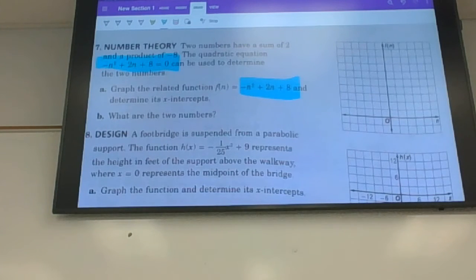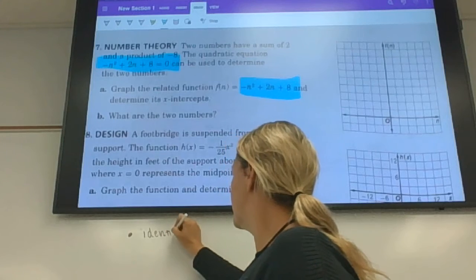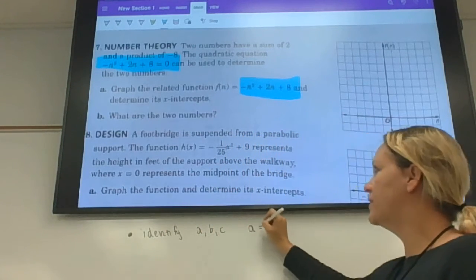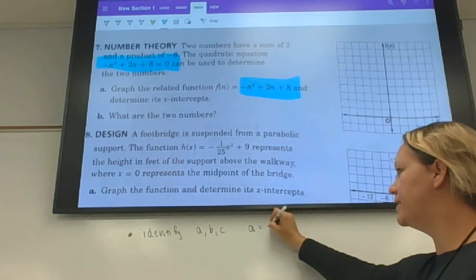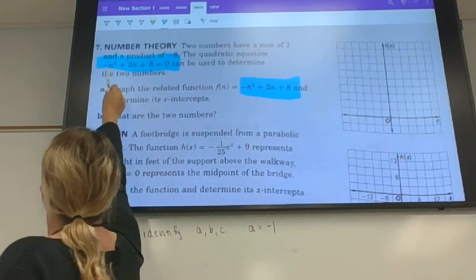Your blue paper goes to the steps of graphing. So what is step 1? Identify A, B, C, if possible, and the Y-intercept. For this one, A equals -1 because there's a negative sign.